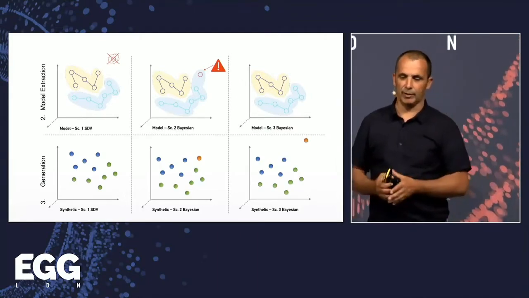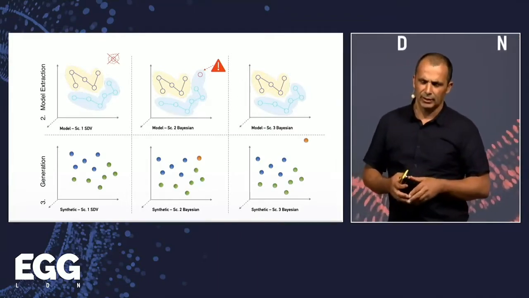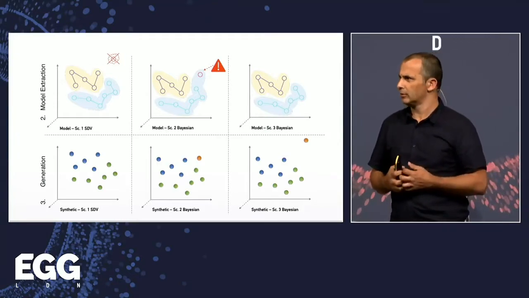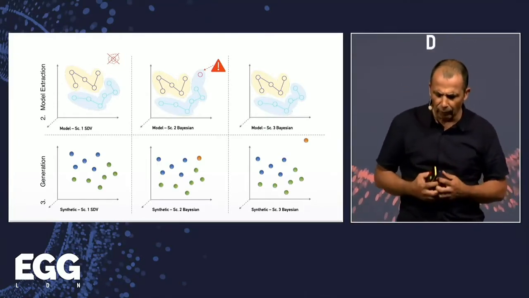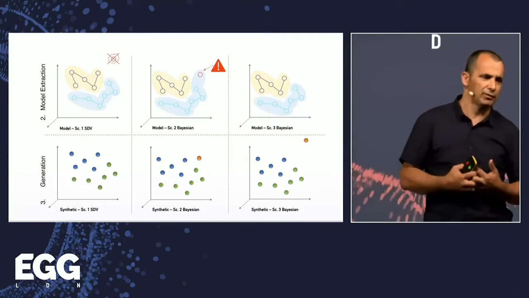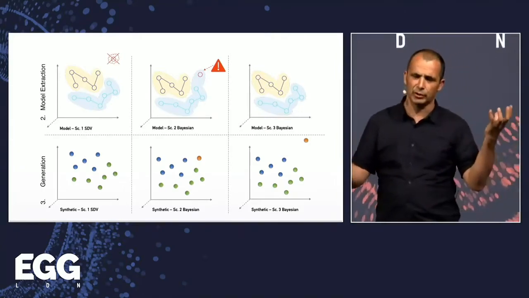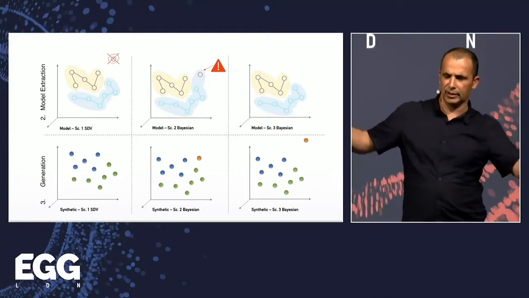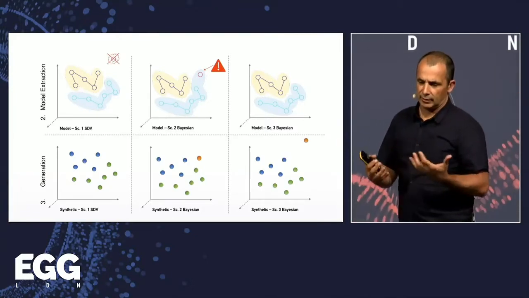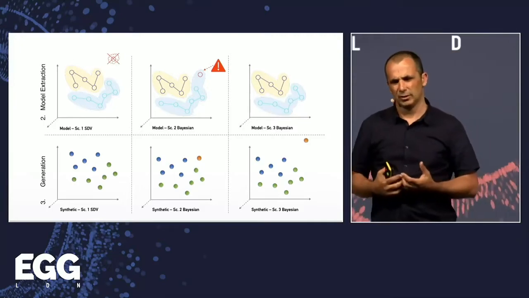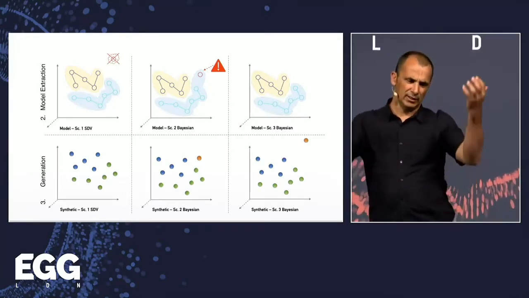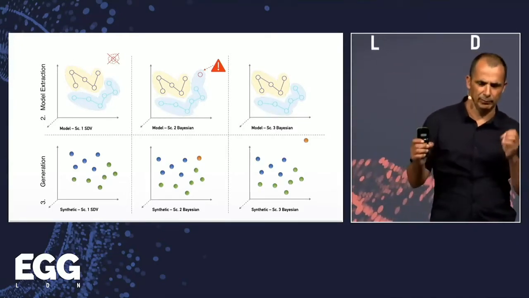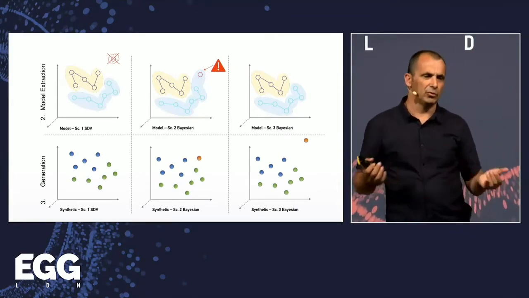Then we have the Bayesian method, which is our best implementation at the moment. Basically, we create a Bayesian network of dependencies between different columns that we have in our data set. After this Bayesian network is built, we can make inferences and generate new samples of data. It can be as many as you want. This method is relatively data efficient.